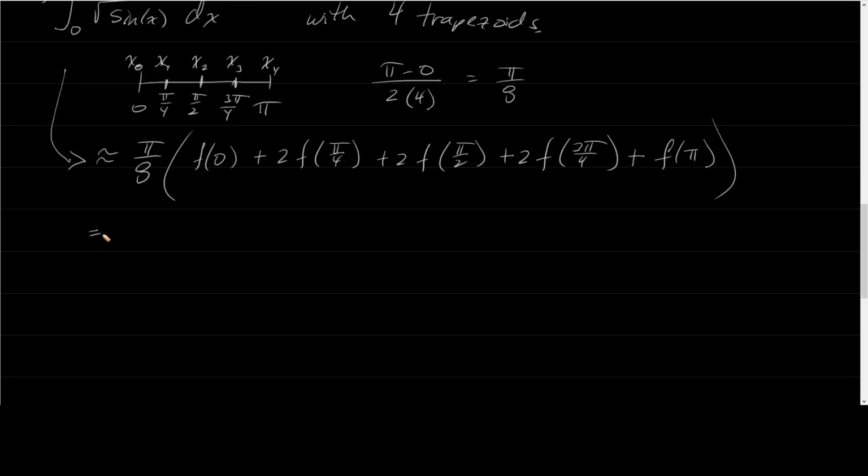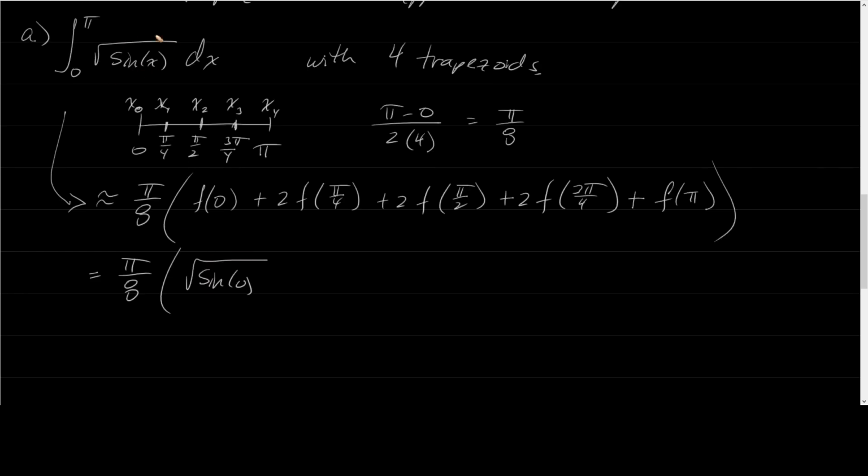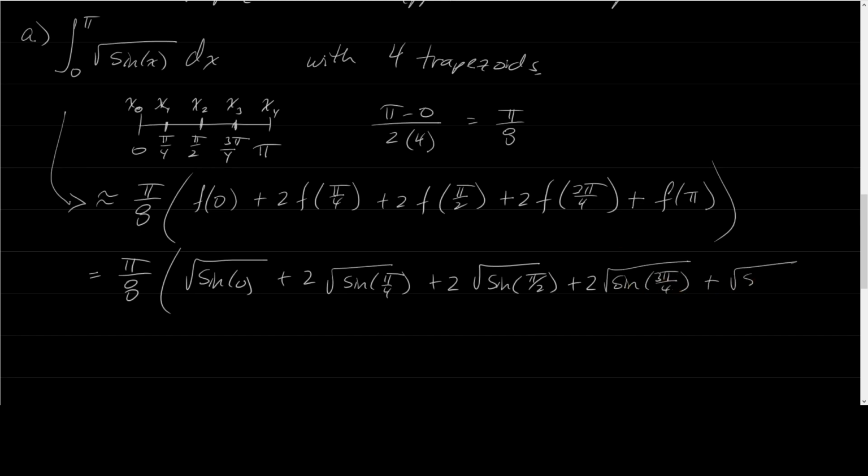So what I get here is pi over 8 times f of 0, which is the square root of sine of 0, because that was the function I was working with. Plus 2 times the square root of sine of pi over 4, plus 2 times the square root of sine of pi over 2, and so on and so forth, the square root of sine of 3 pi over 4, and finally just the square root of sine pi.